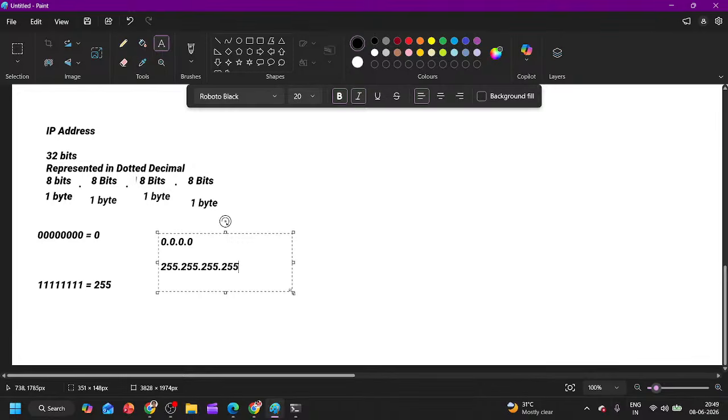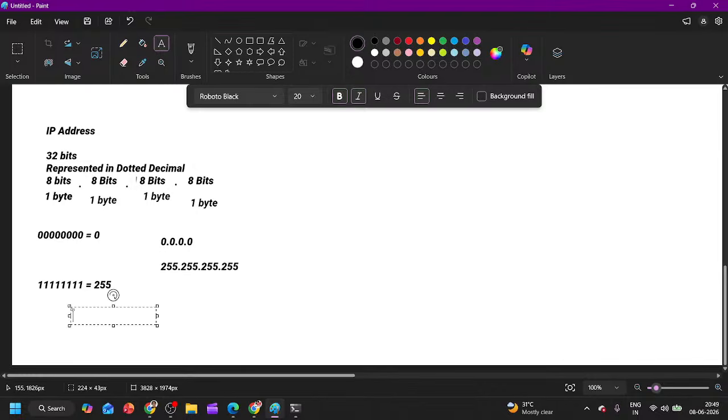This is the range of my IPv4 address. My range starts from 0.0.0.0 and goes till 255.255.255.255, because in each octet we have 8 bits, and with 8 bits 0 is the minimum value and 255 is the maximum value. All the IP addresses are going to lie in this range.